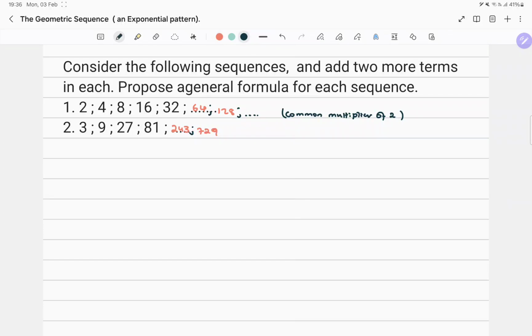Okay, so can you see, guys, you can do this in your head. You see, during practice, you just want to establish what's cooking here. So we've got a common multiplier of 3 there.